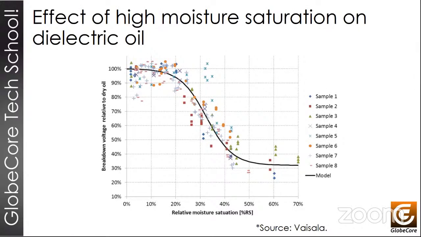The moisture saturation affects many oil parameters, such as power factor, interfacial tension, and breakdown voltage, but it's especially important for the breakdown voltage. We can notice some big changes, and this curve was developed by Vaisala.